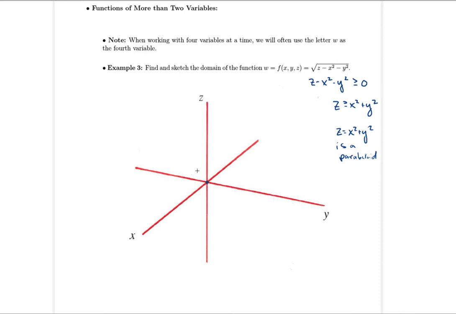My traces in the x, z and y, z planes just simply give me, I'm going to make this a little bit more of a rough sketch. I'm not going to put a lot of detail work into it.